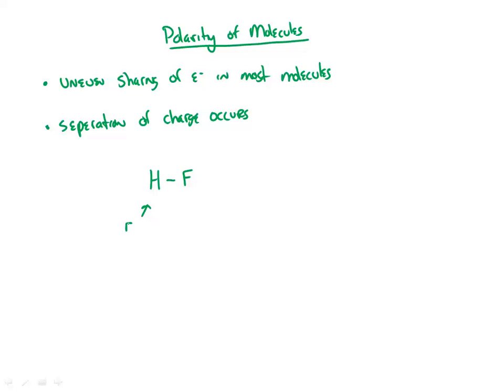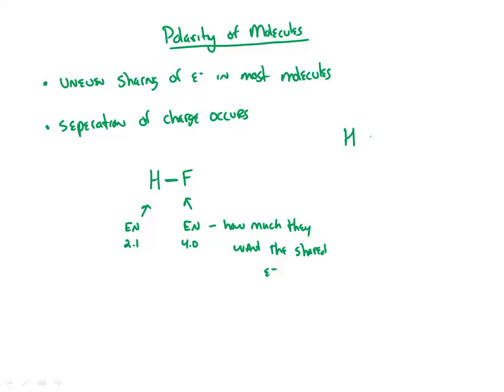If I take a look at the electronegativity of hydrogen, I believe it's 2.1, and I know the electronegativity of fluorine is 4.0. And remember, electronegativity is how much they want the shared electrons. And what that really means is that those two electrons between the hydrogen and fluorine aren't shared equally.